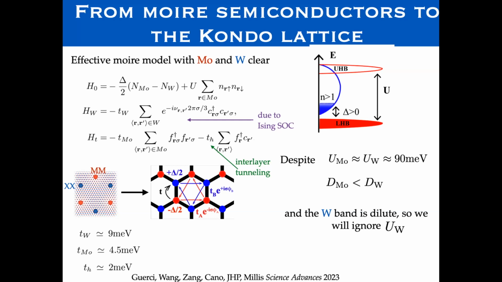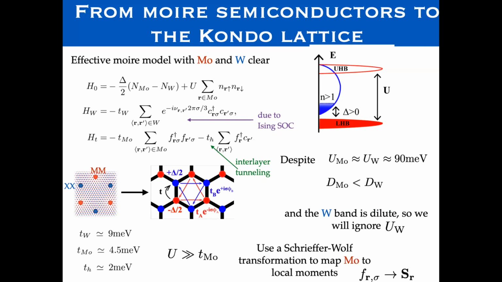So both these scales, the interactions in these bands, are actually comparable, and I'm going to drop the one in the W layer based on the size of the bandwidths, but this is going to come back to bite me, and we'll talk about this later. Okay? So just bear with me. So we're going to treat the W band as dilute as well, and so that's going to be a weaker effect as well. So it's reasonable to ignore it, but as I just said, it is going to have an effect in the very low doping regime. Okay, let's come back to that.